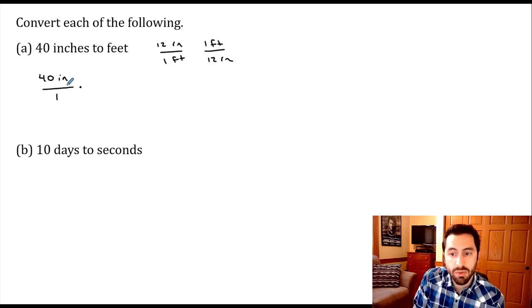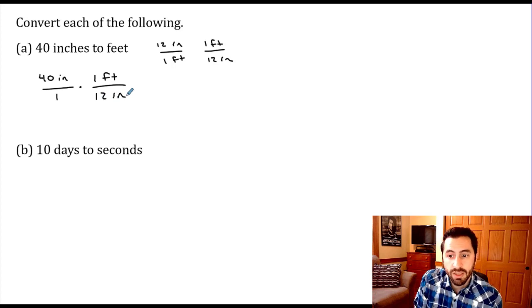So I'm starting with inches. I want inches to cancel out so that I end up with feet. So that means if I have inches in the numerator, in my unit fraction, I need inches in the denominator. So that means I'm going to use the second one. So I'm going to multiply by 1 foot over 12 inches.